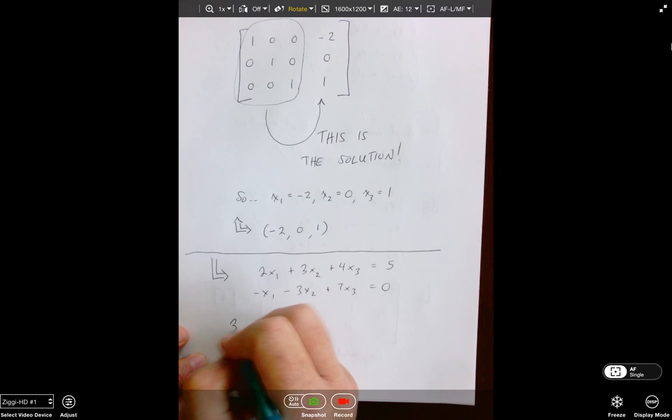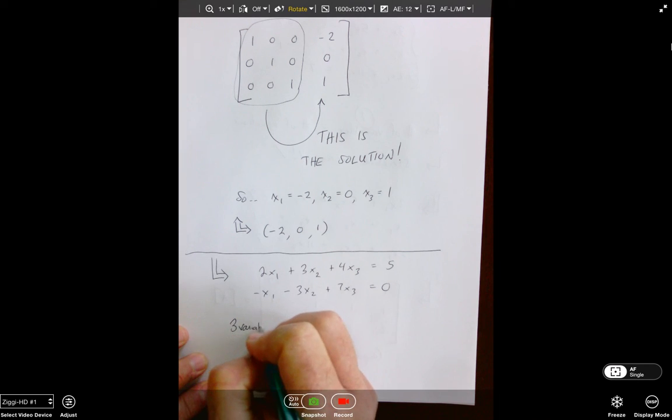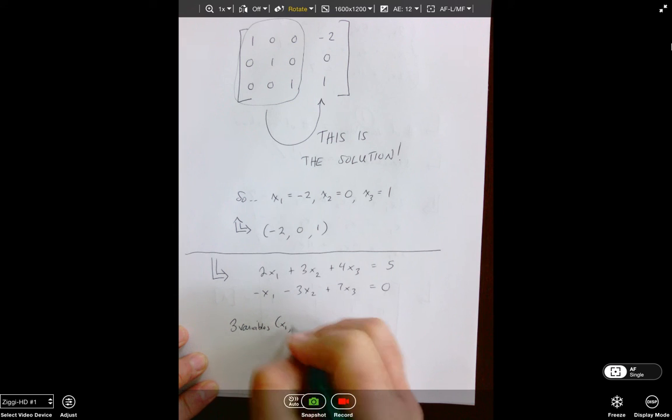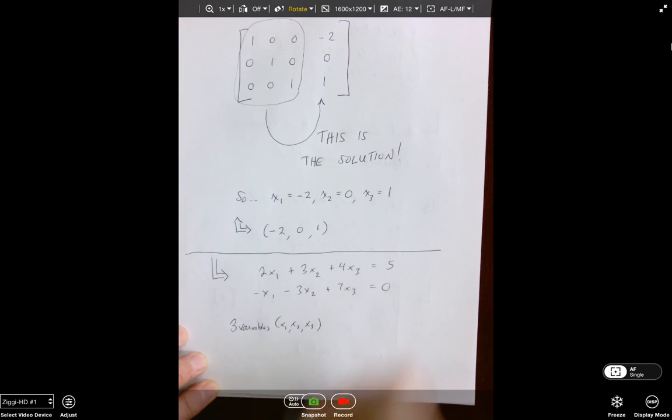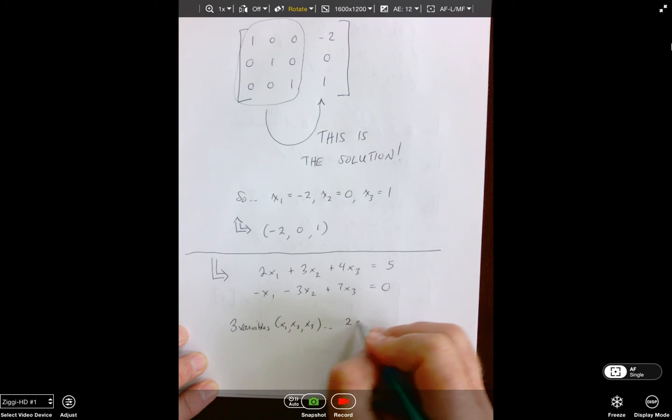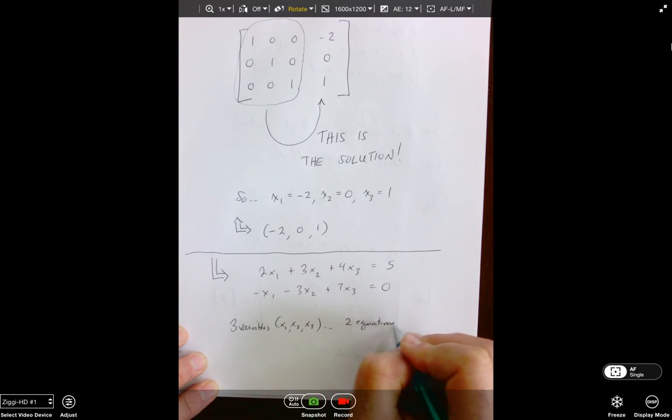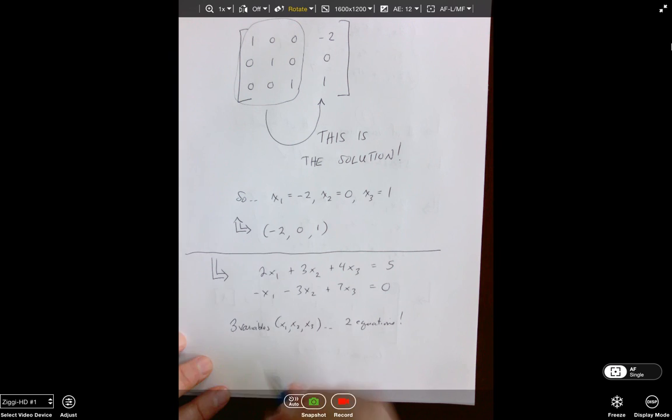Well, 3 variables. 2 equations. No can do. Now, there are things we can do. We can get solutions. We can find the form of the solutions, but in an applied course of this nature, we typically don't get into stuff like that. Okay?